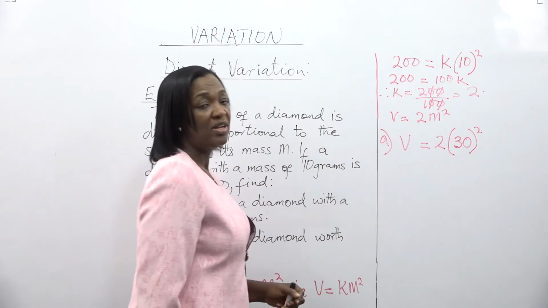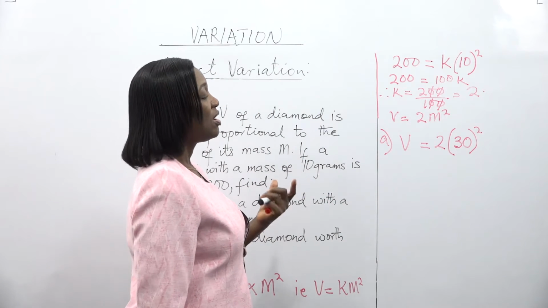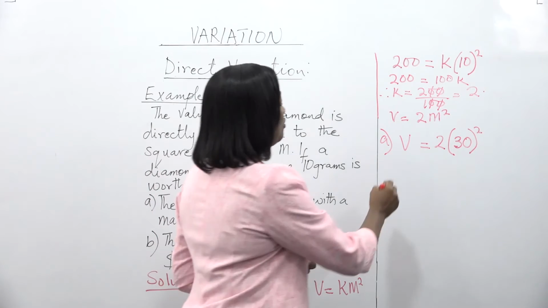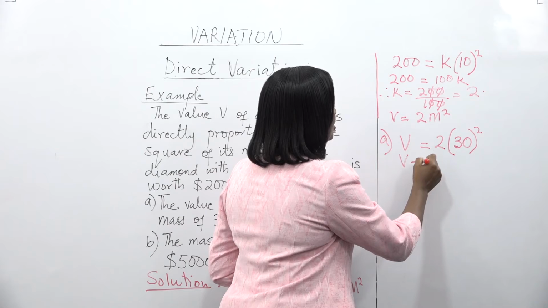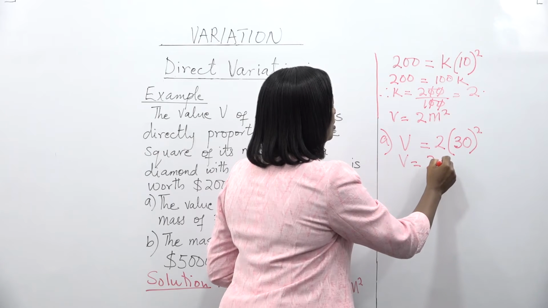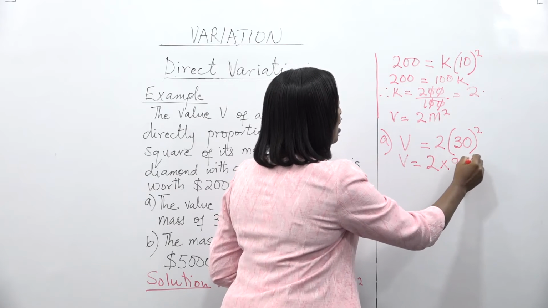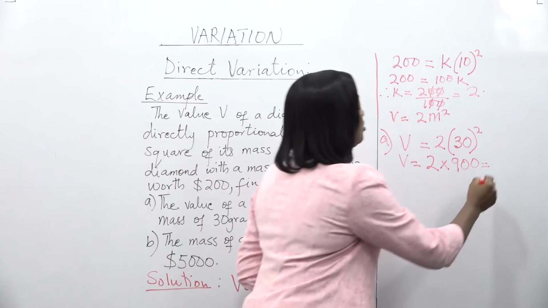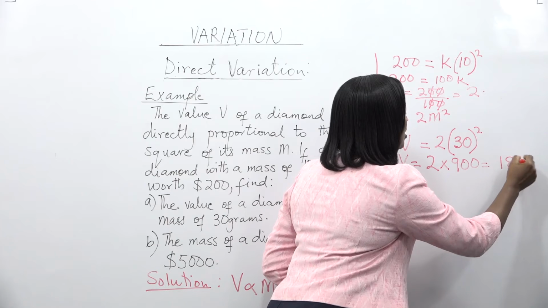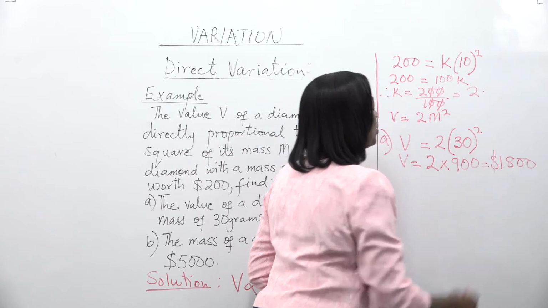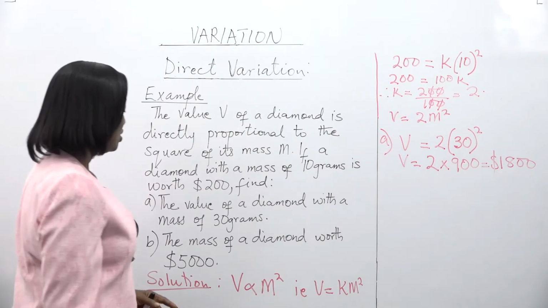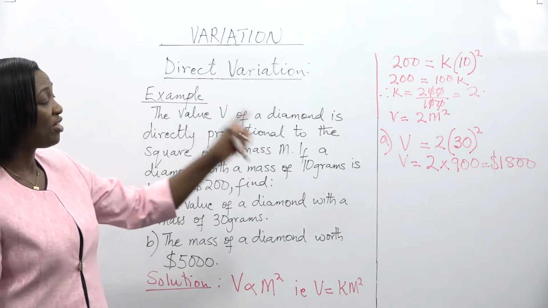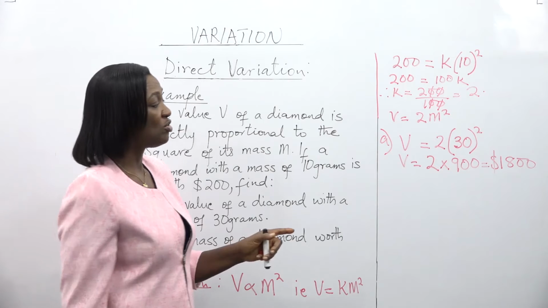And 30 squared is equal to 900. That is 30 times 30. So V is equal to 2 times 900. And 900 times 2 is 1,800. So we can put the dollar sign there. So that means that the value of a diamond with a mass of 30 grams is worth $1,800.